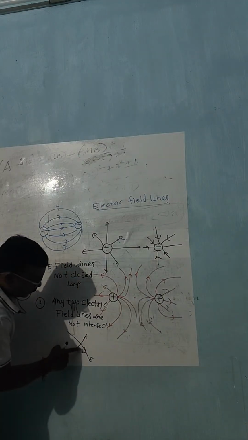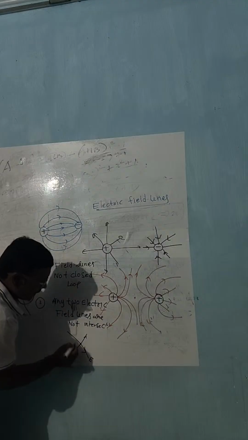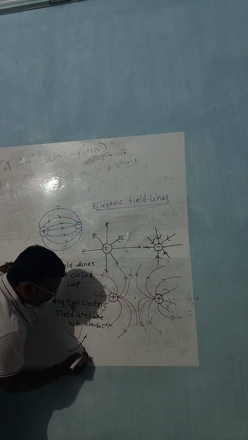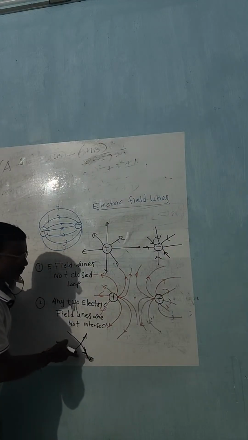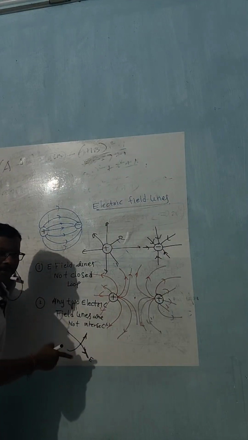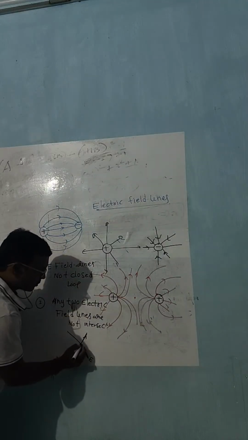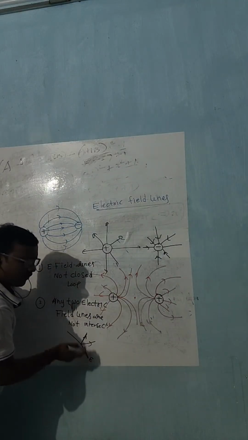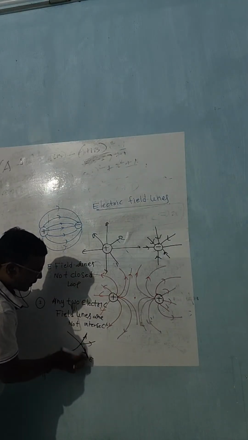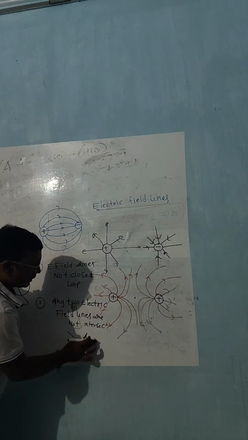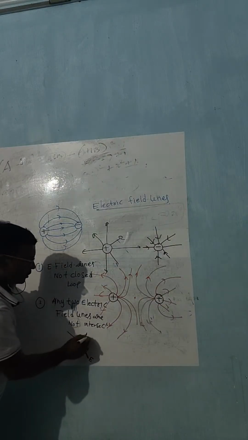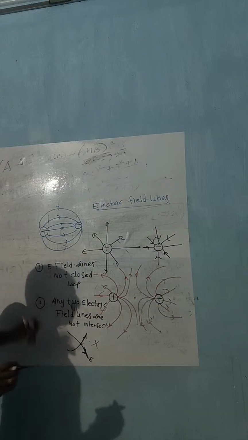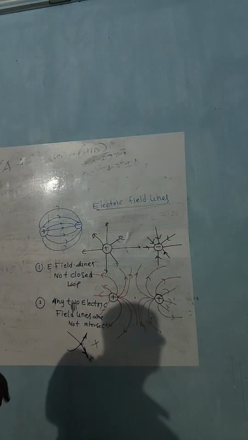If these two intersect here, there would be one direction and another direction, but that is not possible. According to the vector rule, this is one vector, this is another vector, and the resultant vector has this direction. But it is not possible. It should go like this, it should go like this. So that's why any two electric field lines do not intersect.